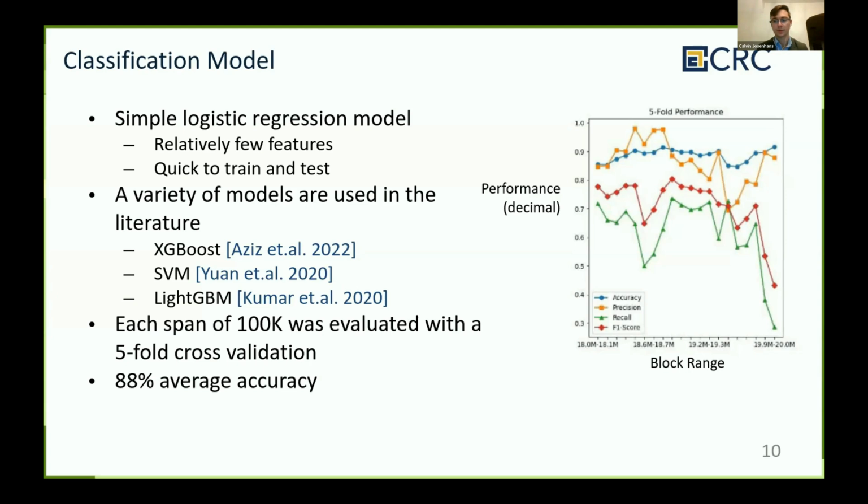You do see that the recall metric, and with it the F1 score, really drops off towards the end. The principal reason for this is that there are fewer positive samples in these later blocks. So, recall dropping off means that there are a lot more false negatives, which means that the model is probably failing to catch on to some of the patterns that are important for detecting the suspicious behavior.